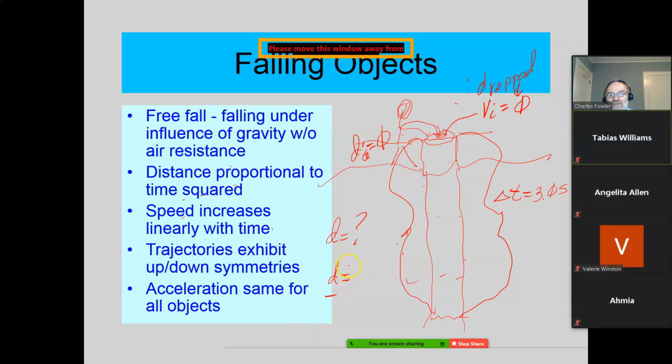So therefore our formula is 1/2 g delta t squared. That's going to be 1/2 of 9.8, we're assuming we're in the metric system, meters per second squared, times 3.0 seconds squared.